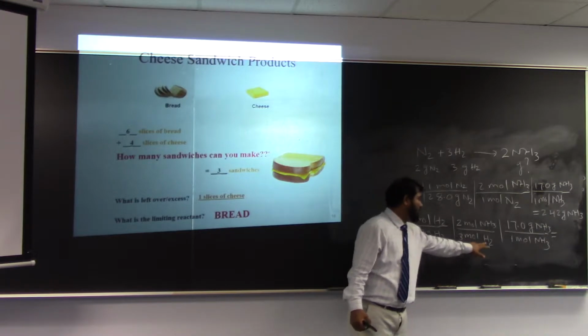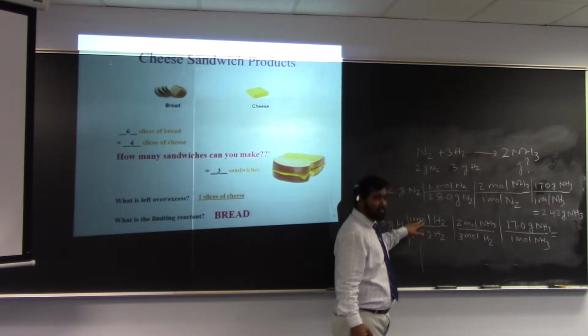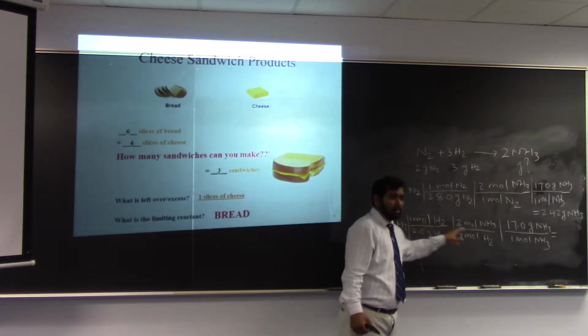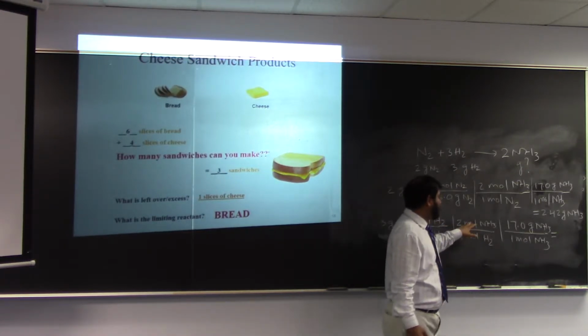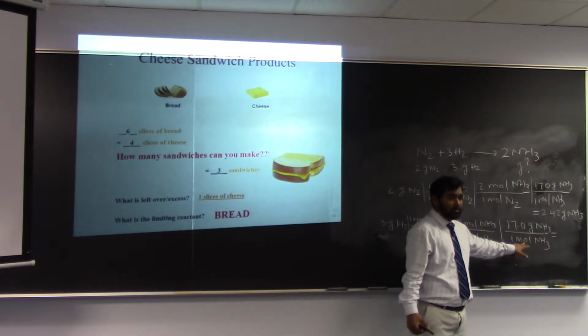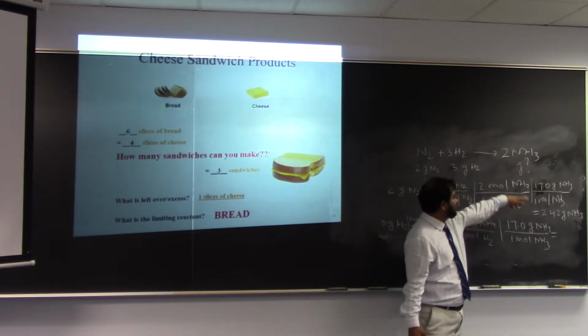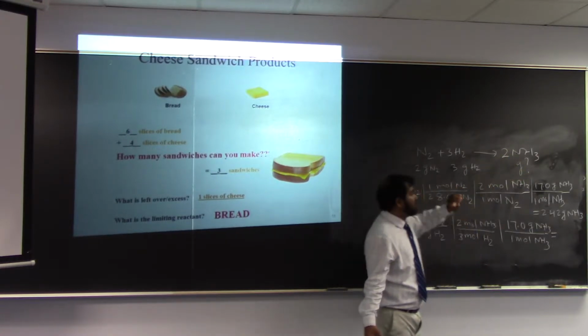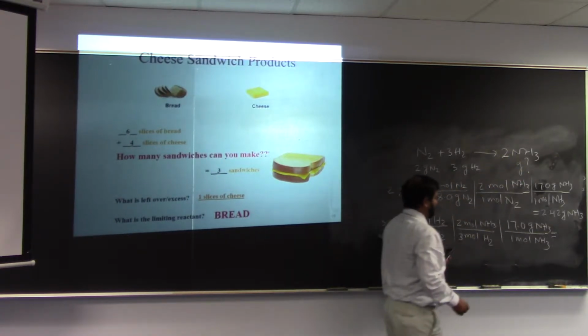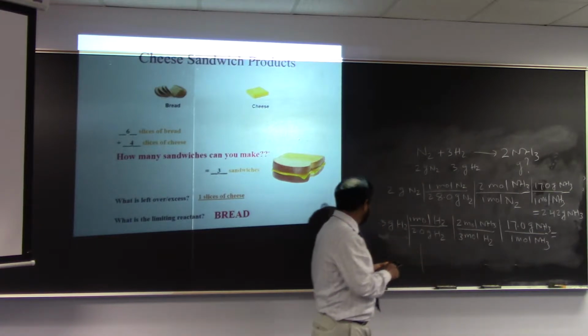Cancel out mole of hydrogen. Mole of hydrogen, you have to put on the opposite side. The same way, mole of ammonia, you put mole of ammonia here. Then gram on the top, because your goal is to calculate gram of ammonia, how much you can make from this amount.